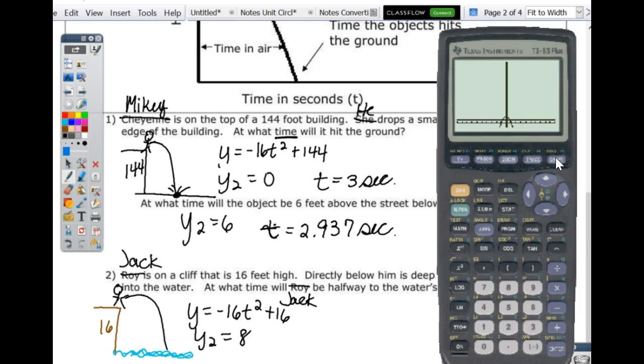Okay, so first of all, why is my parabola so small? It's still on 150, so what's probably a better choice for my y max right now? So if it's 16, right, let's go with 20.